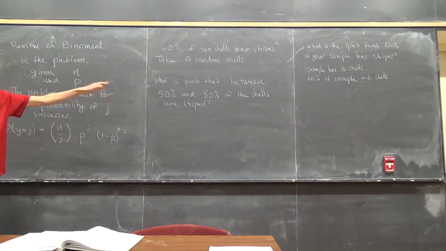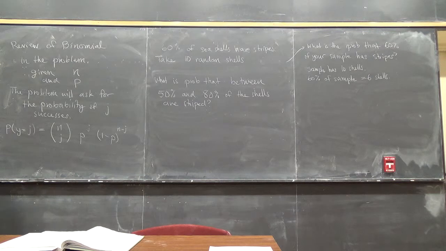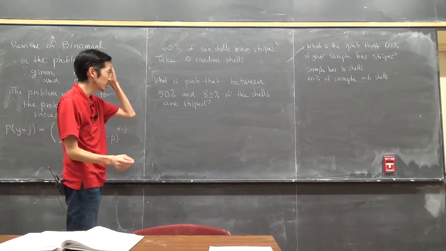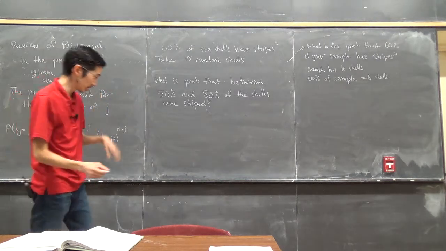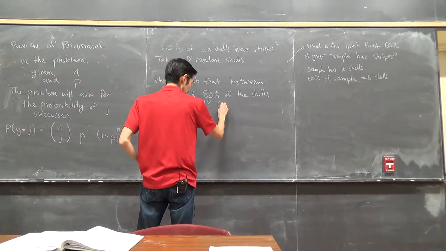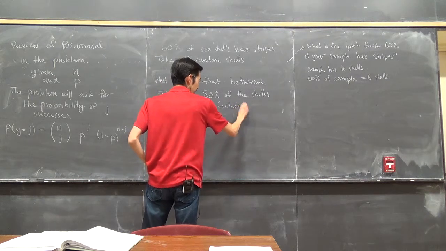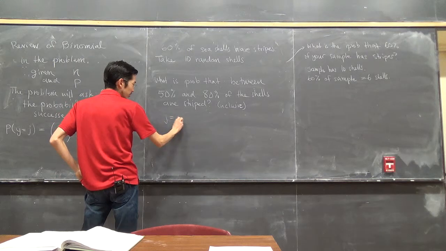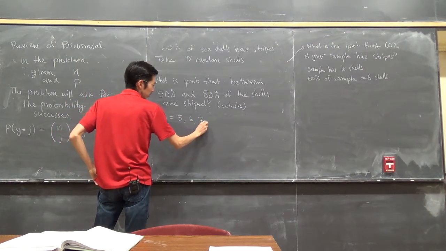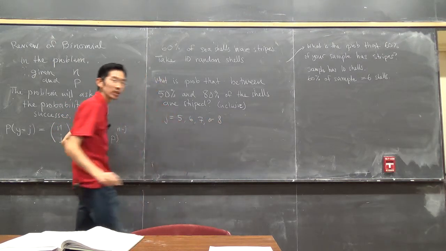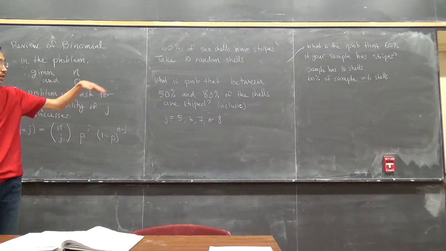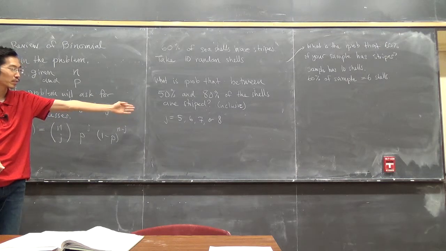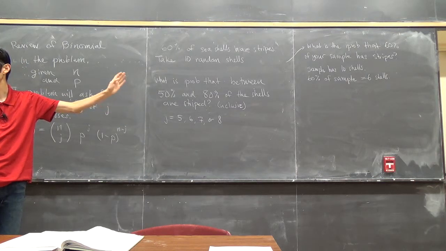What is this essentially asking? Between 5 and 8, and maybe I should put somewhere in there inclusive. Basically we're just asking what is the probability that j is equal to 5, 6, 7, or 8? Because our sample has 10 shells, and we're looking between 50 and 80%, so 5, 6, 7, and 8.